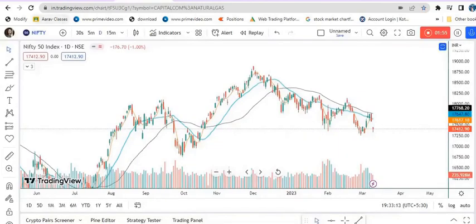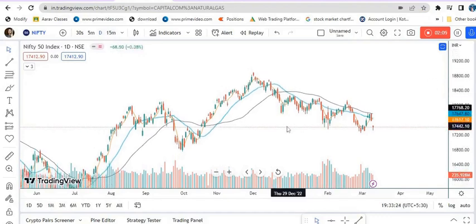Go to tradingview.com, enter Nifty 50 here, and this is the day time frame and this is the chart of the Nifty. So check the price of the Nifty. This blue line is the moving average 20.